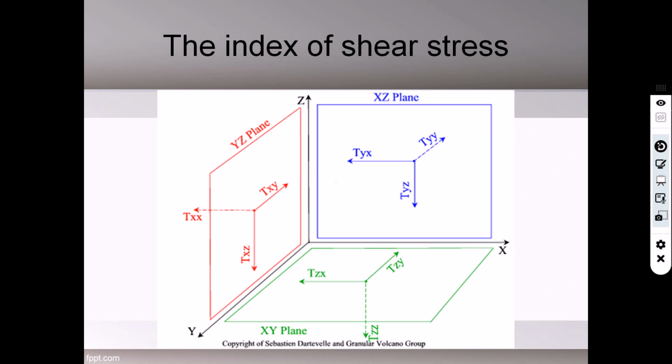All right? And then we will call this normal vector n. And then we call this point x0, y0, z0.